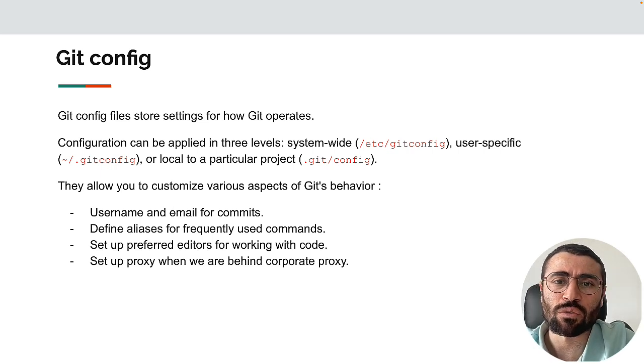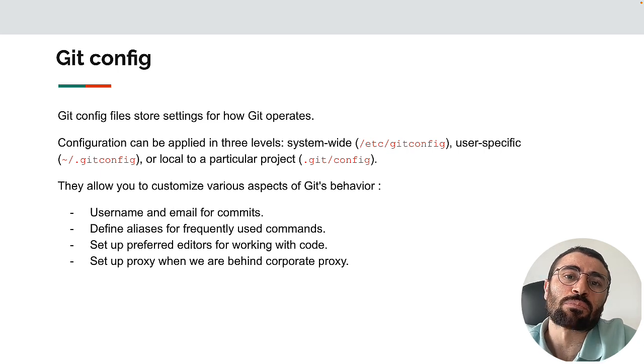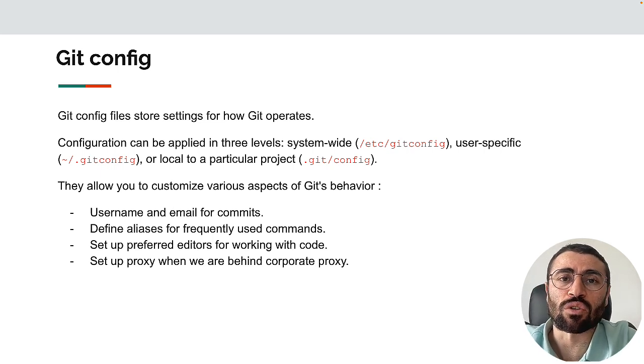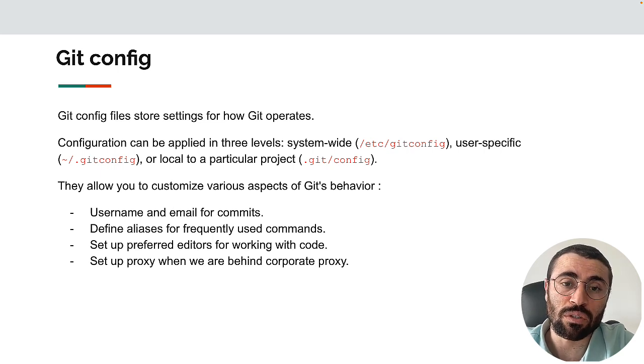We also have a user-specific level, which is stored in the .gitconfig file, located in the folder of our user. And the third one is local to a particular project, and the file is config and is stored in the .git folder of the repository.